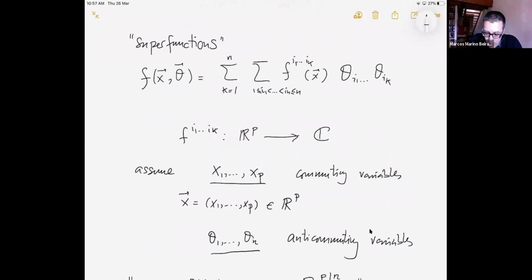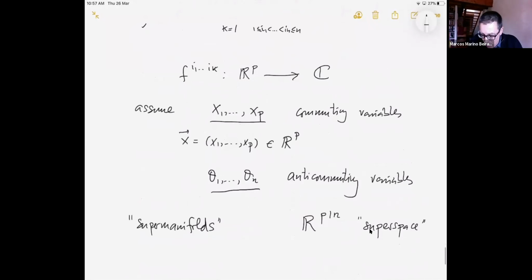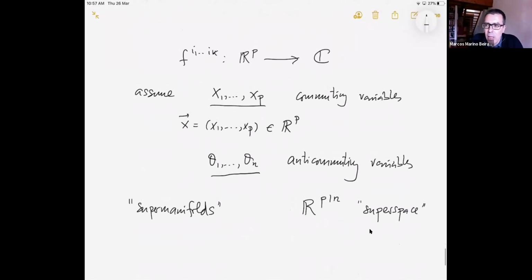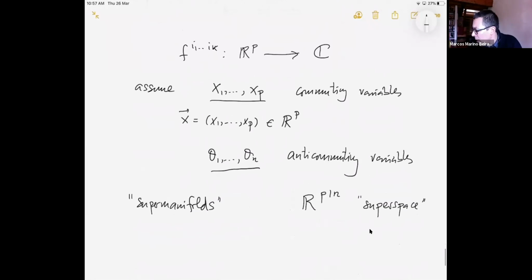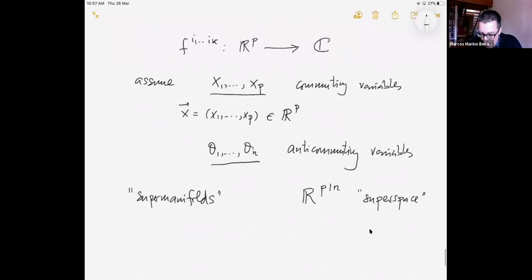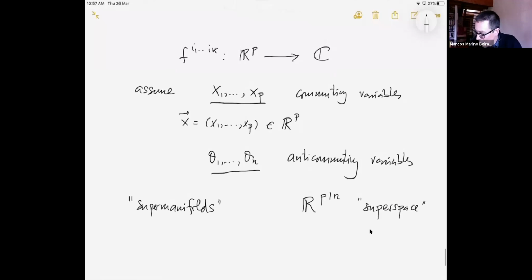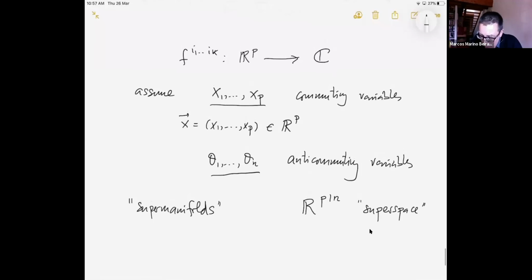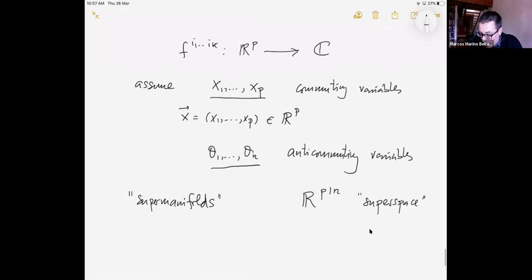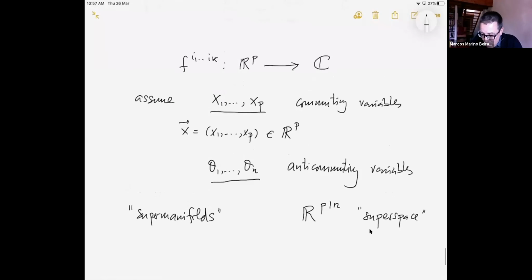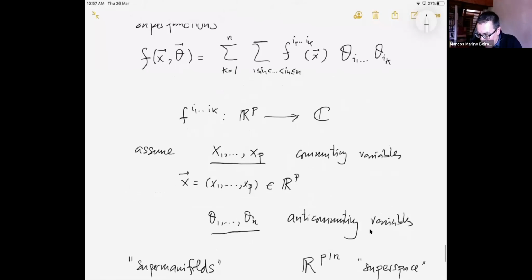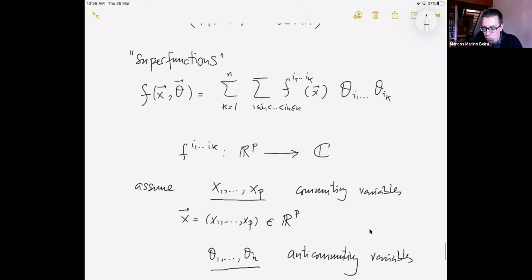So there is a whole theory of supermanifolds, which is superficially complicated. But I don't want to enter into all this game of supermanifolds, because it essentially complicates things too much, and I don't think it's really worth entering into the whole theory. Essentially, for us, the supermanifold R^{p|n} means that you have p commuting variables and n anti-commuting variables, and then you define superfunctions in this way.